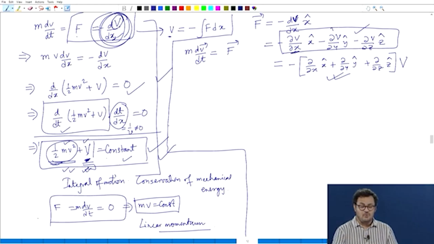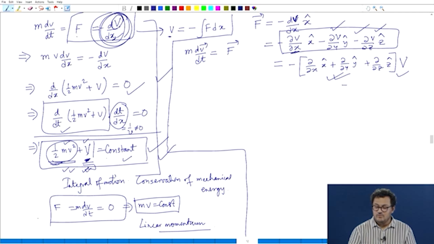This is the same for y, and the same for z. If you combine all the effects, then finally you will have this. In general, we denote this by a nabla sign.